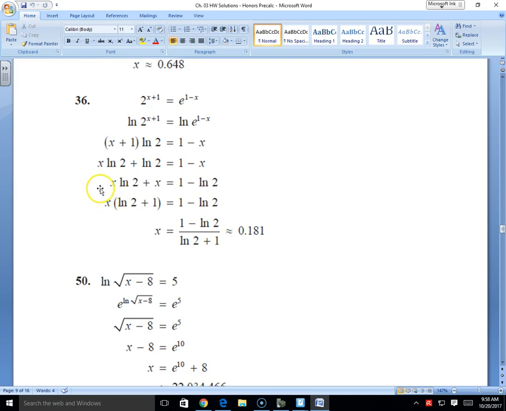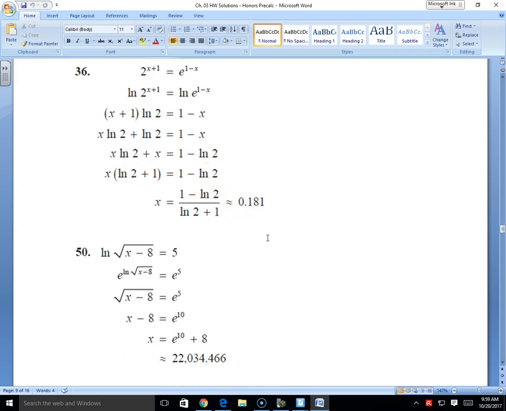What happens from one step to the other right here? Factor out the x, divide. 0.181. The whole point was to get the x terms so you can factor it out. There should be a 1 left over: 1 plus ln of 2, or ln of 2 plus 1.